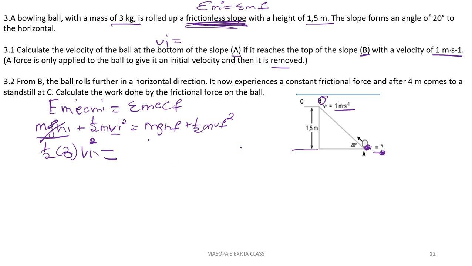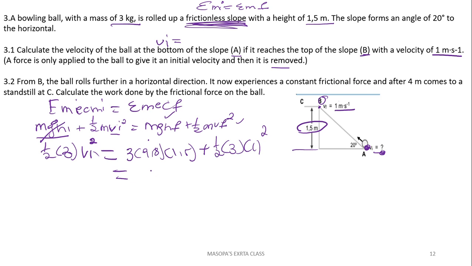So let's look at B. At B, we have a height, therefore we have a potential energy, and then we have a final velocity. So the mass of the object is 3 kg, the gravity is 9,8, the final height is 1,5, plus 1 over 2, the mass 3, final velocity 1 squared. Then how much are you getting?